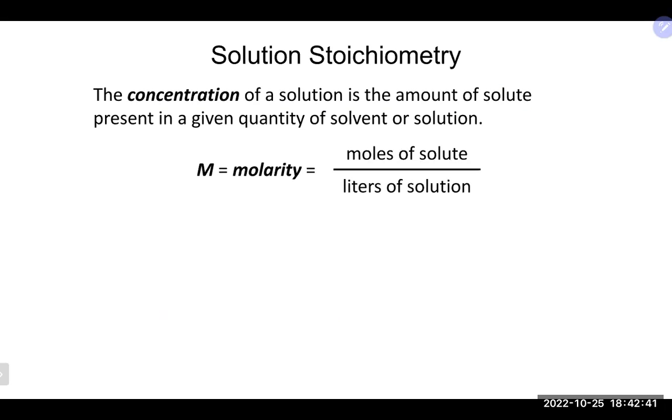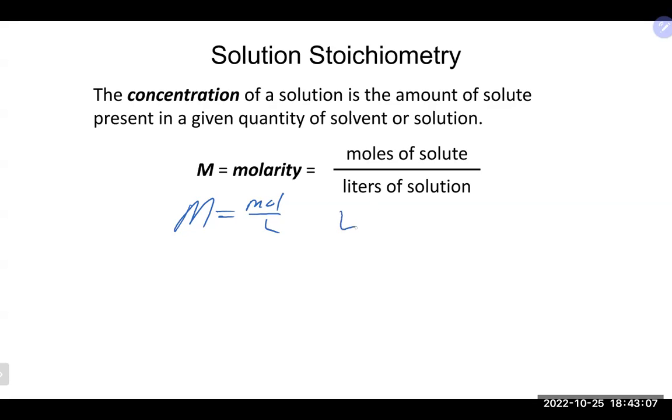So one of the most common units of concentration for solutions is molarity, which is abbreviated with a capital M. And molarity stands for moles of solute per liter of solution. Big M is basically moles per liter. You could think of this like a formula because you oftentimes will use it to calculate any of those three things.